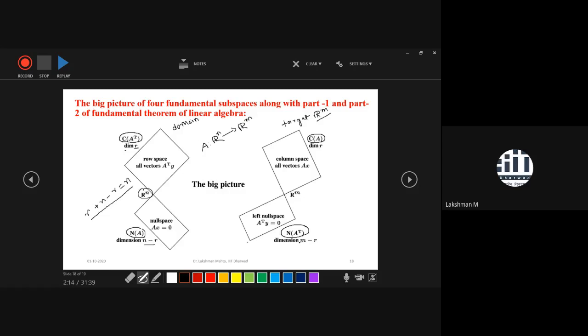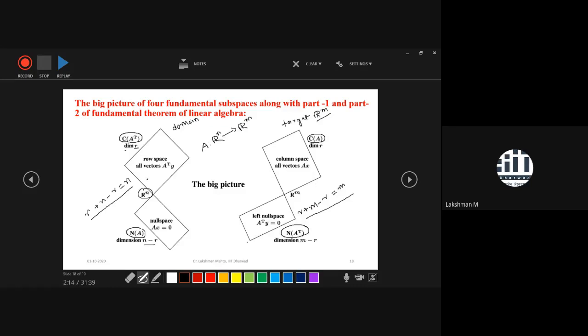So the dimension of left null space, or null space of A transpose, would be m minus r. So you can observe another part of the Sylvester law. That means r plus m minus r is equal to m. It is talking about rank plus left nullity equal to the dimension of target space. This completes part 1 of the fundamental theorem.